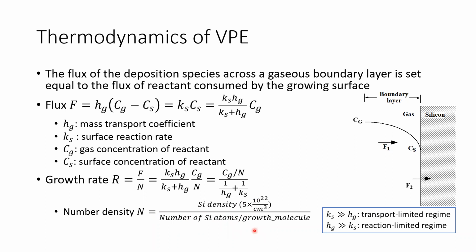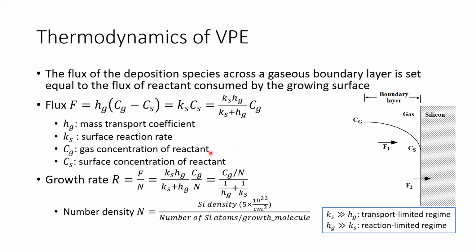That means the number of silicon atoms in the molecule, like in SiO2, where oxygen has number 2. So we have the silicon density over the number of silicon atoms per growth molecule, and this is the number density N.